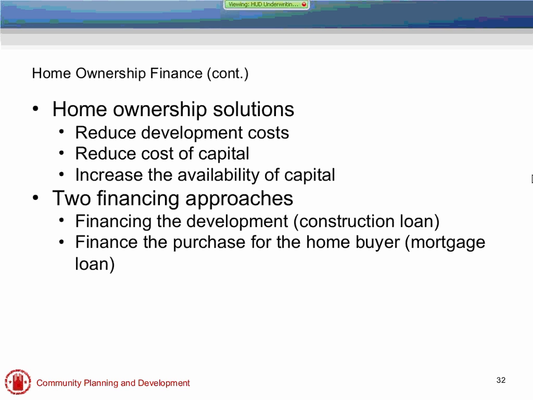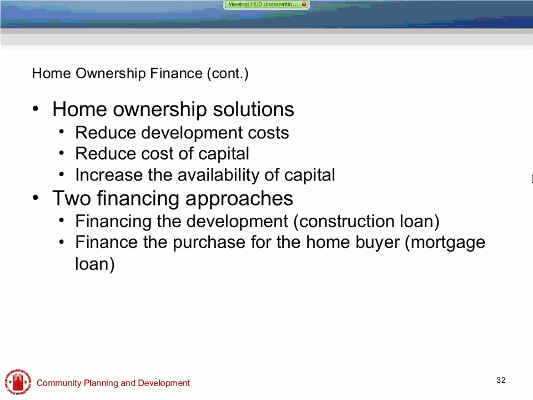So a couple of solutions: reducing some development costs. That can possibly be done through land donation. If the land isn't already owned by the developer, finding ways to get that land at a lower cost or possibly to get it donated.